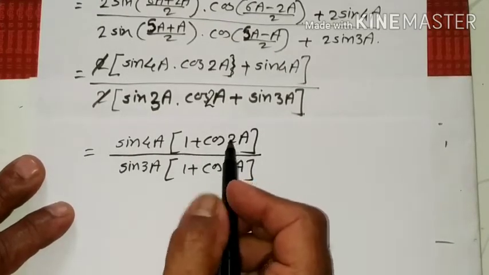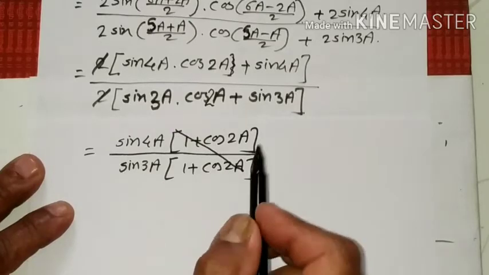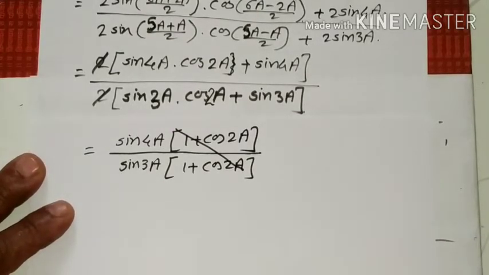The 1 plus cos 2a from numerator and denominator get cancelled.